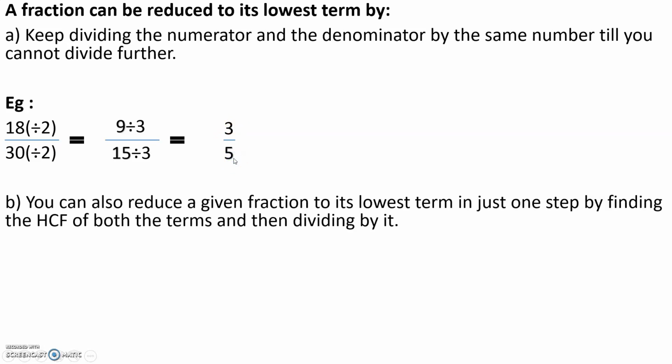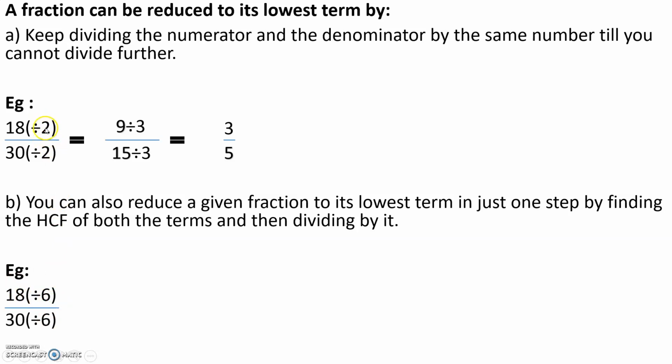Second, you can also reduce a given fraction to its lowest term in just one step by finding the HCF of both the terms and then dividing by it. Example, we are going to take the same example, 18 upon 30. Here we directly divided by 6. I'll tell you how.